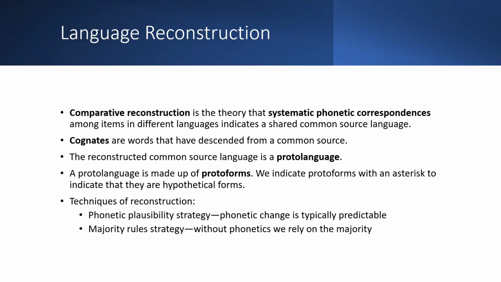And so the reconstructed common source language that we're looking for when we do comparative reconstruction, we call a proto-language. So proto-language is not a real, identifiable language. It is instead the recognition that languages existed in human societies long before we had any kind of way to record them. So there wasn't writing, there weren't recording machines, right?